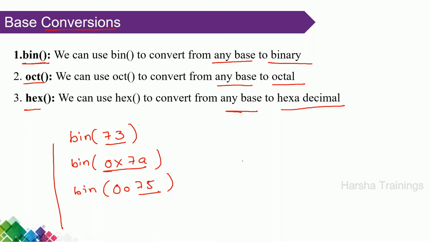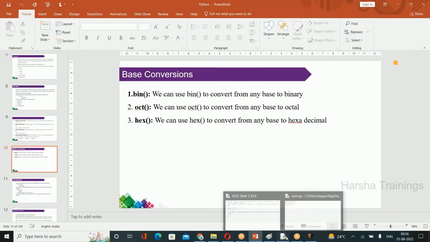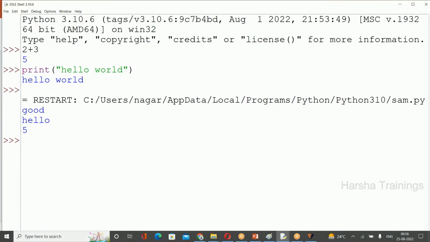Now I will show you the execution of each and everything. For example, assume a variable a is equal to 73. So a is called an integer variable. How can you know whether it is an integer or not? Manually, I know 73 is a whole number.